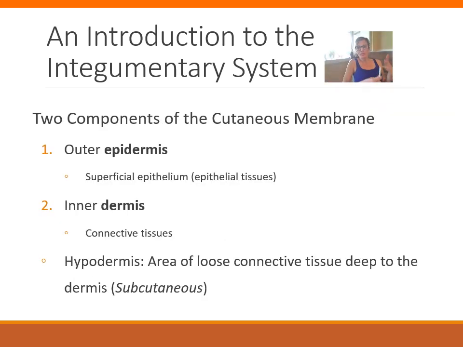All right, so the whole chapter is on the integumentary system. The integumentary system includes the integument. The integument is a fancy way of saying the skin or cutaneous membrane. The integumentary system includes the skin as the major organ, and then there are various accessory structures that are associated with the skin.